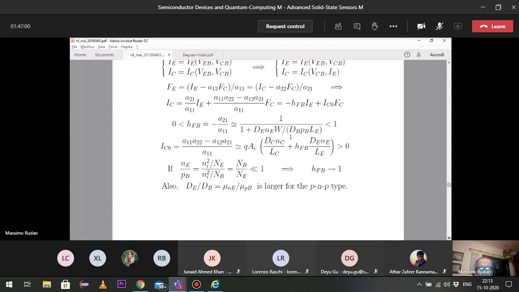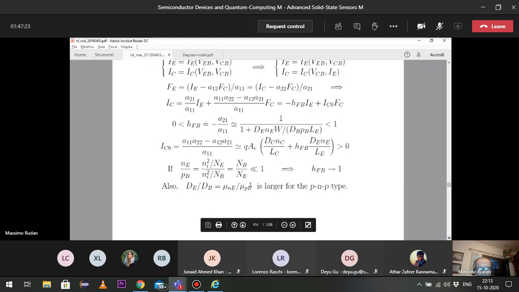What about the diffusion coefficients? Well, you see immediately that D sub E is proportional to the mobility of the electrons, because they are the minority carriers in the emitter when you consider the PNP transistor. And D sub B is proportional to the mobility of the holes.